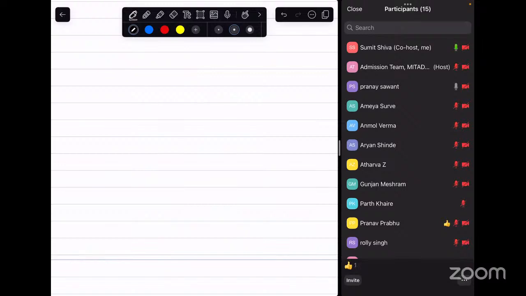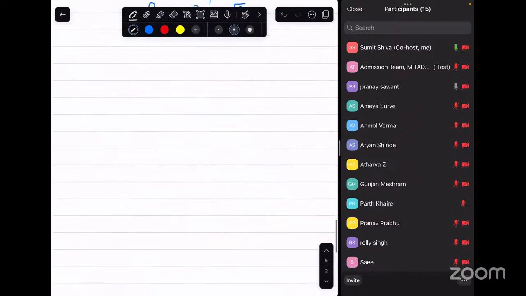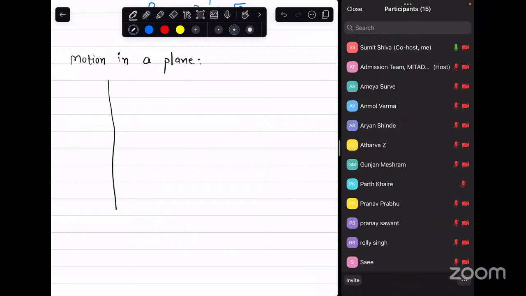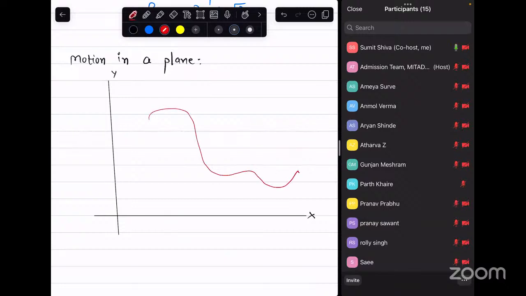Now, last point, and this chapter will be completed. We are discussing motion in a plane. Let's say I have a plane, obviously XY plane, x-axis, y-axis, and there is an object which is moving on a particular path. This path may be like anything.